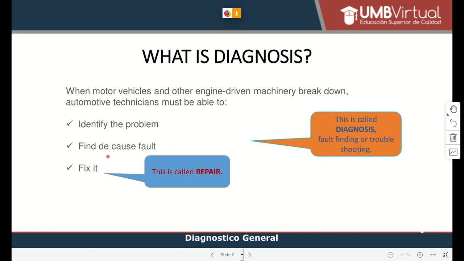Depending on each troubleshooting procedure, or on the trouble code that you get, you're going to have to identify or reproduce the fault, and try to go to the system, the component, and the cause. And of course, it's very important to learn how a system works in order to find the cause of the fault and then fix it. How you're going to fix it depends on the protocol, on the DTC that you get. So there are many things involved here, but overall: identify the problem, find the cause of the fault, and fix it, and that's what is called diagnosis, fault finding or troubleshooting, right?